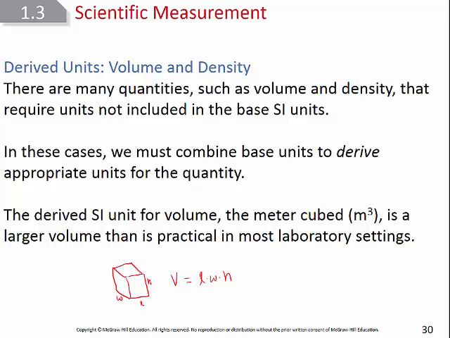The height is just the length of the vertical. The width is the length of this side. So these are all lengths. The base SI unit for length is a meter. So a meter times a meter times a meter would give us a meter cubed. And this is the derived unit for volume, because it's derived from base SI units: a meter cubed.